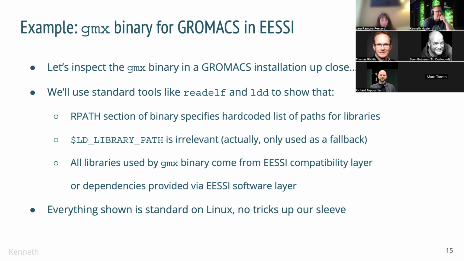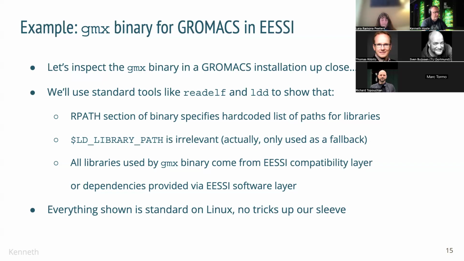We'll look at the RPATH section of the binary to show how it's able to find all the libraries, which also means essentially that an environment variable like LD_LIBRARY_PATH, which is often used to specify to a binary where it can find its libraries, is totally irrelevant, because the paths required for finding those libraries are essentially hard-coded into the binary itself.